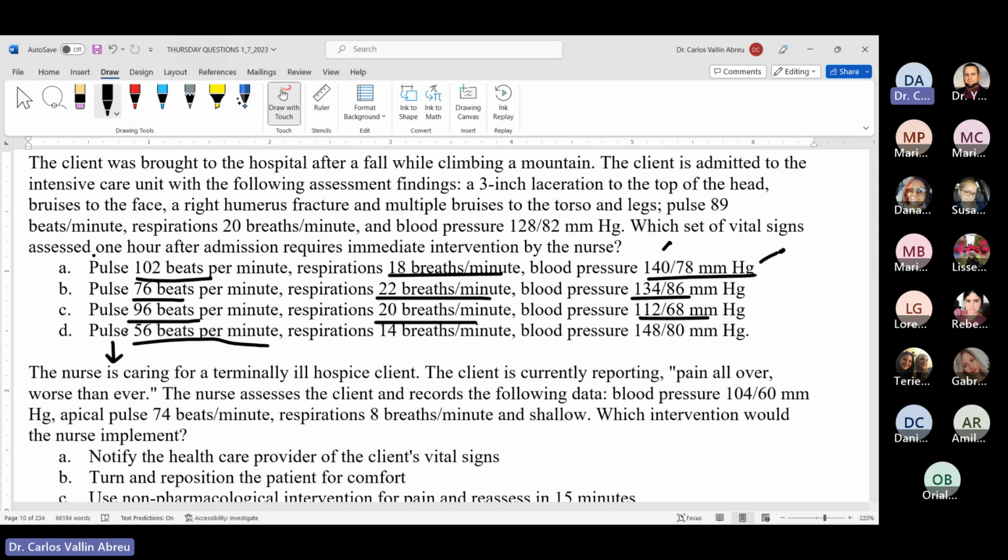That is not expected in a polytraumatized client. What we expect in a polytraumatized client is pain and tachycardia. And of course bleeding, but it looks like there is no bleeding. The blood pressure suggests there is no bleeding, at least internally. And the respiration is dropping from 20 to 14.